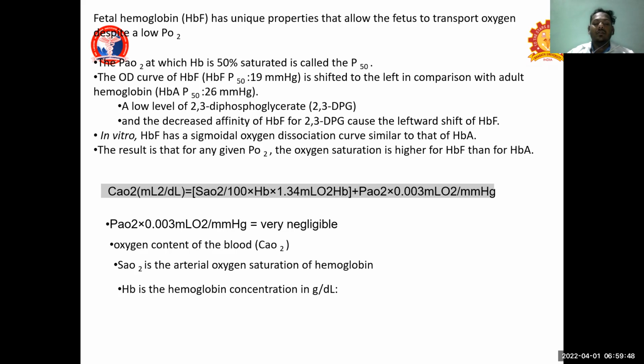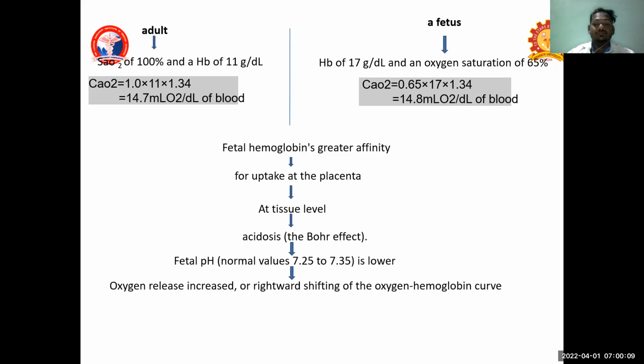PO2 times 0.003 ml is the soluble oxygen. It is very negligible, hence the oxygen content of the blood is CaO2. SaO2 is the arterial saturation of the hemoglobin. Hb is the hemoglobin concentration.